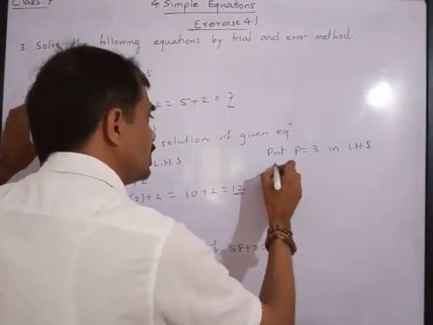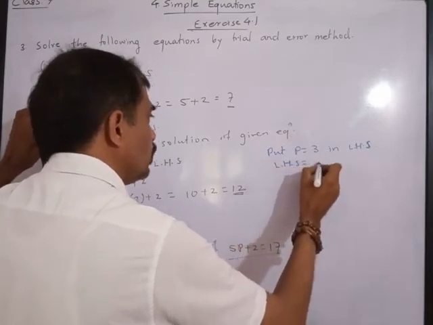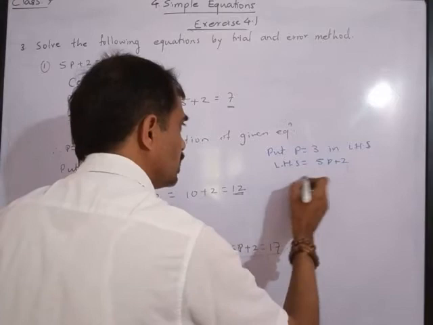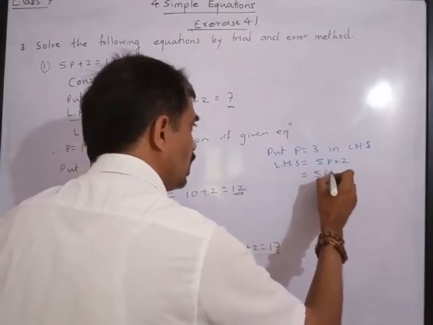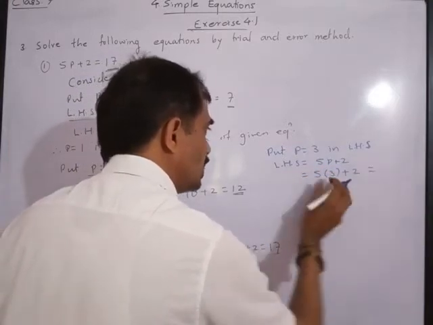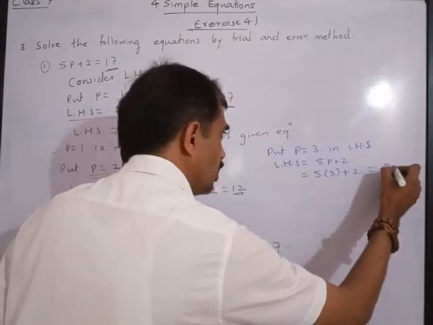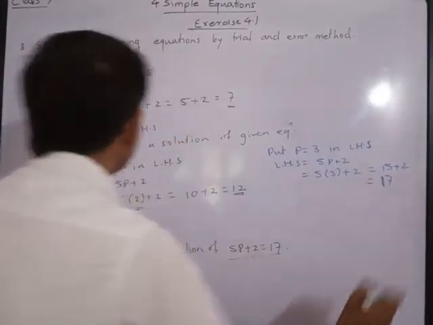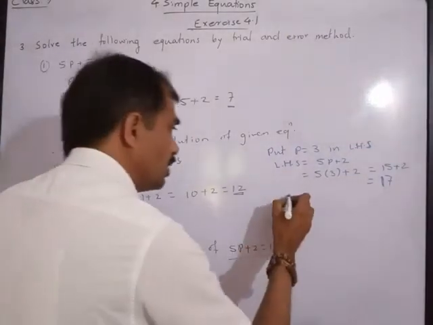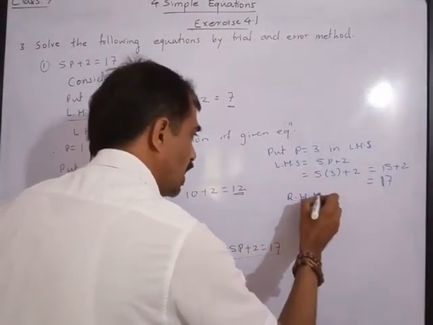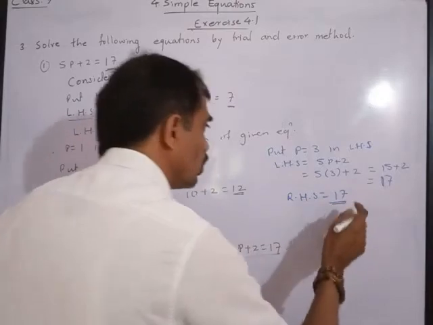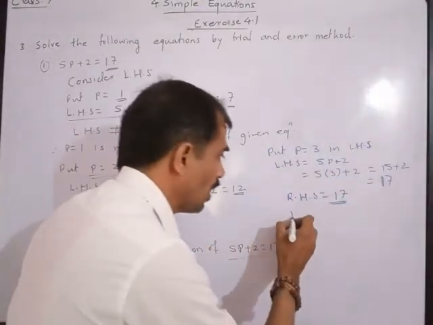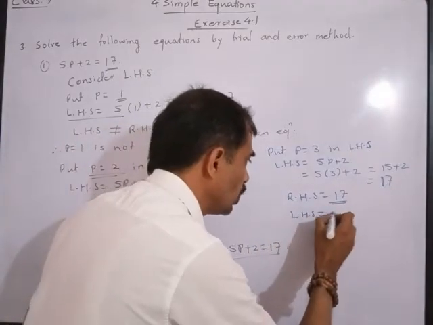So LHS, left hand side, is equal to 5p plus 2, which becomes 5 into 3 plus 2, that is equal to 5 threes are 15 plus 2, that is equal to 17. Please note here, right hand side is also 17. So here left hand side is equal to right hand side.